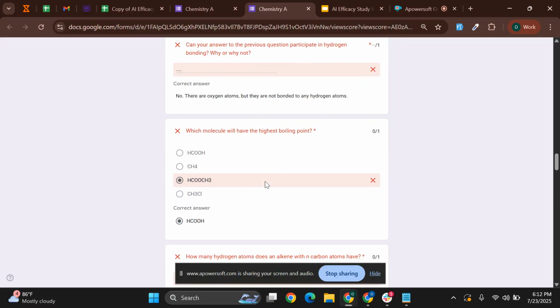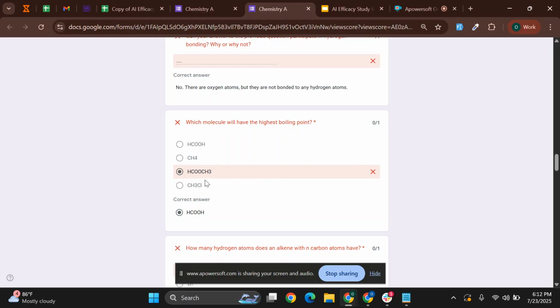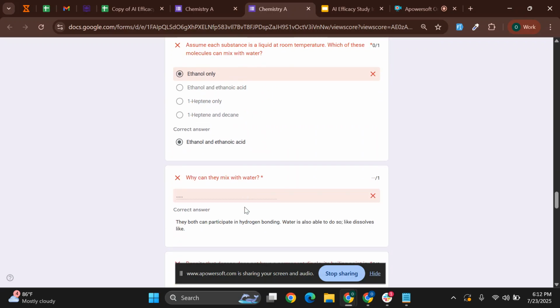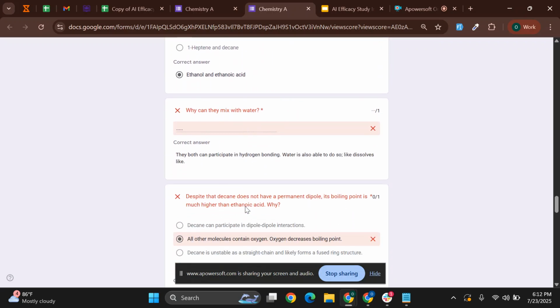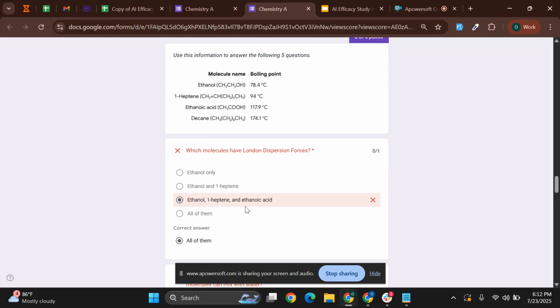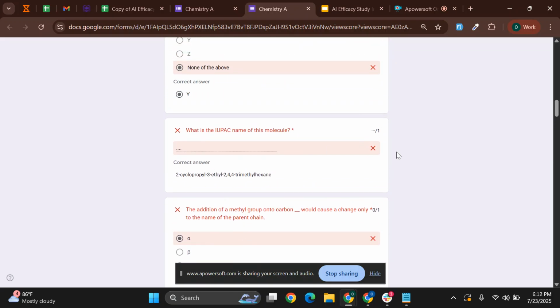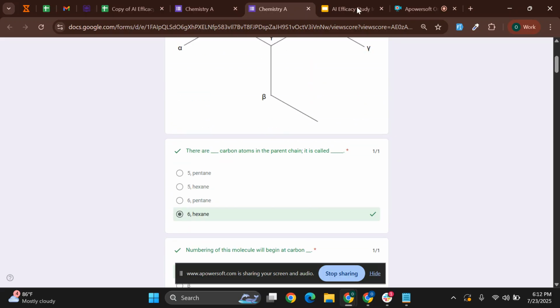Which molecule will have the highest boiling point? So it will be HCOOH. Don't know why.